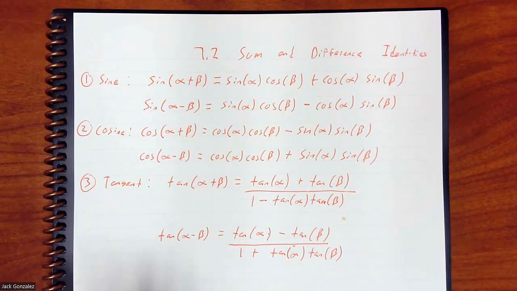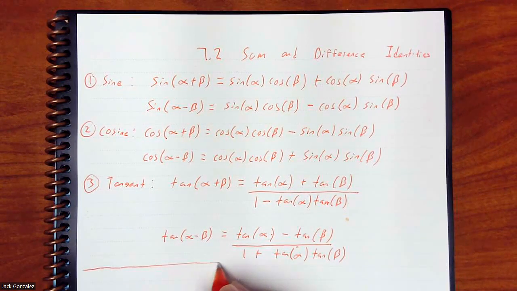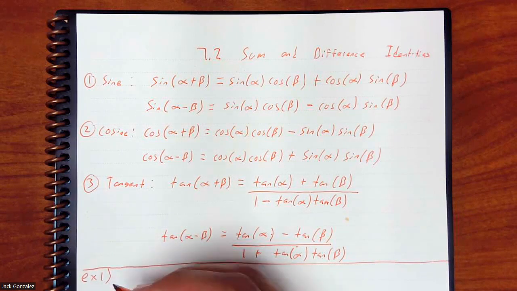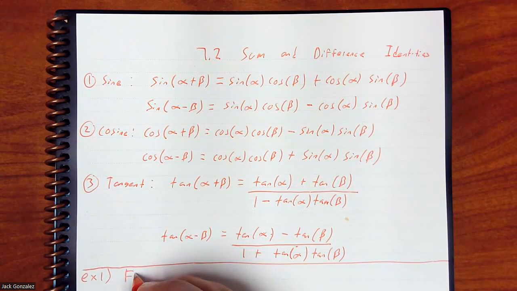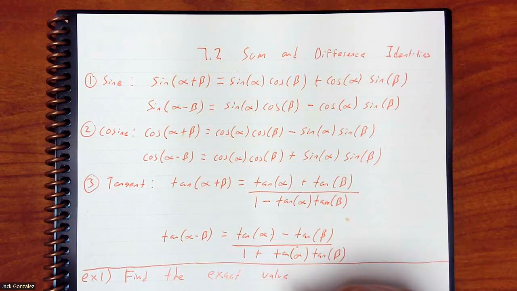So we are going to need a unit circle, so help me out here. Find the exact value. So no calculator stuff, just the values from the circle.